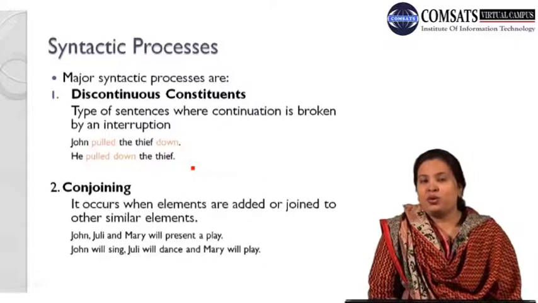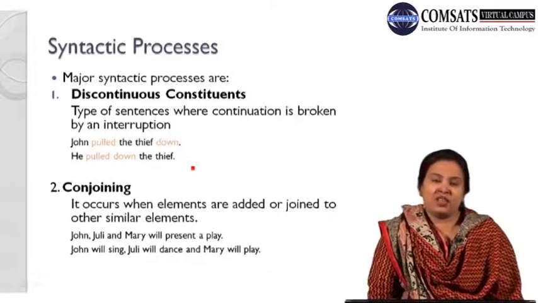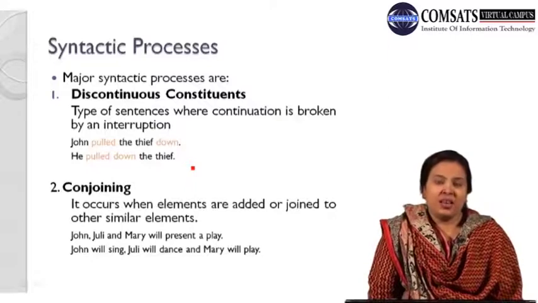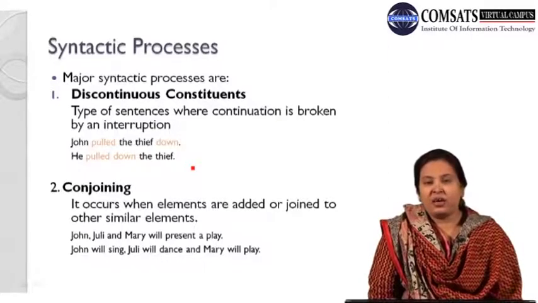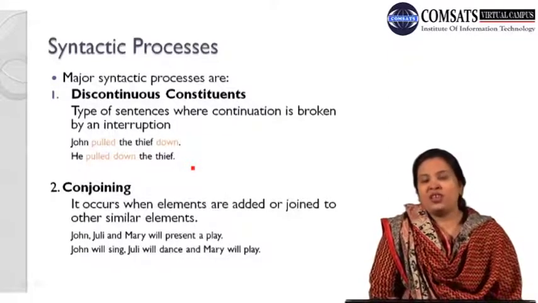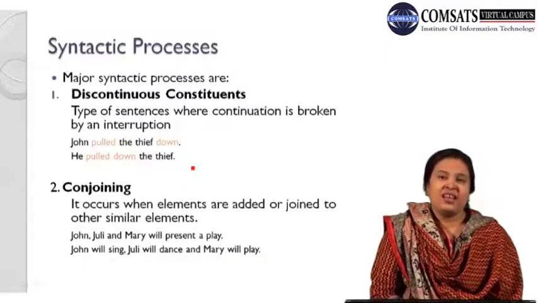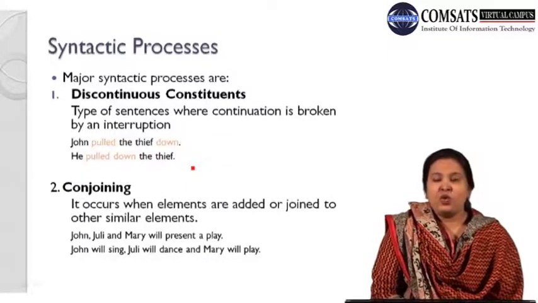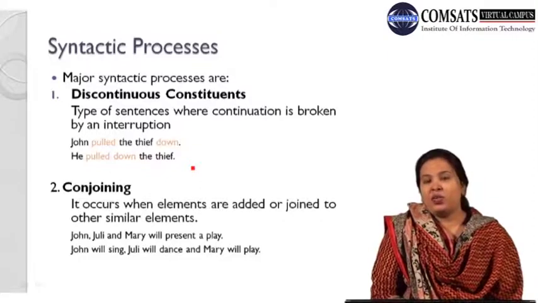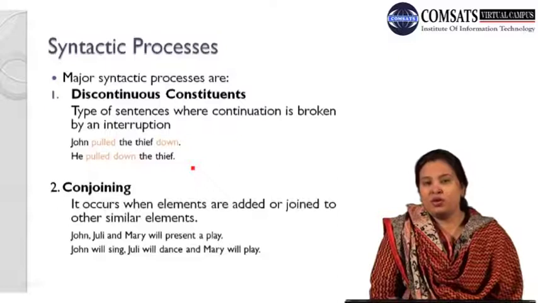So we will fix our attention on these three major syntactic processes. The first of them is discontinuous constituents. In a discontinuous constituent, inside a sentence we have a broken-down process of continuation.